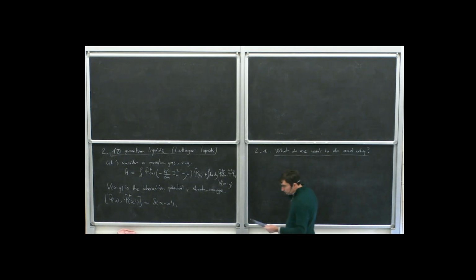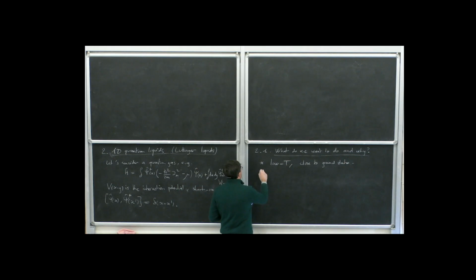So we are not interested in things very far from the ground state. We are interested in the low energy physics, where there's only a small amount of excitations in the system. So we are interested in low temperature, close to the ground state. That's the first assumption.